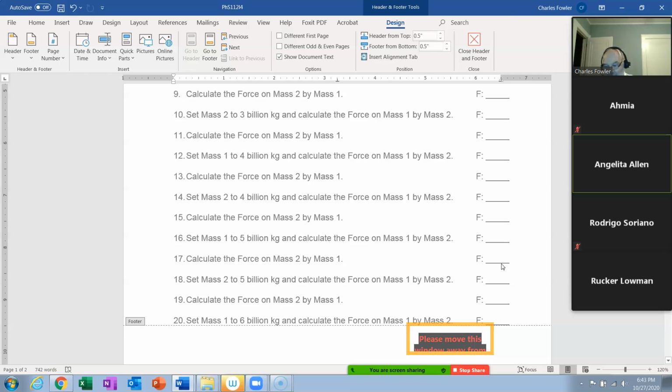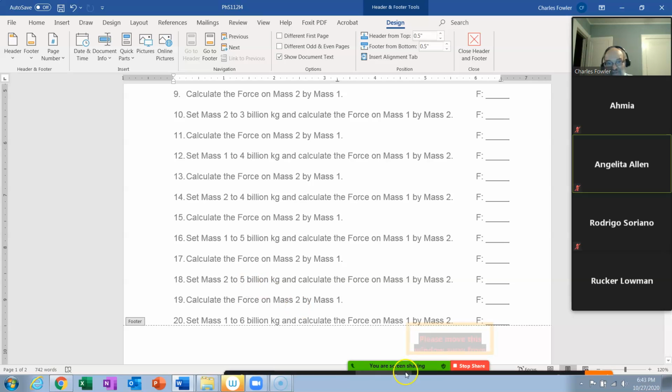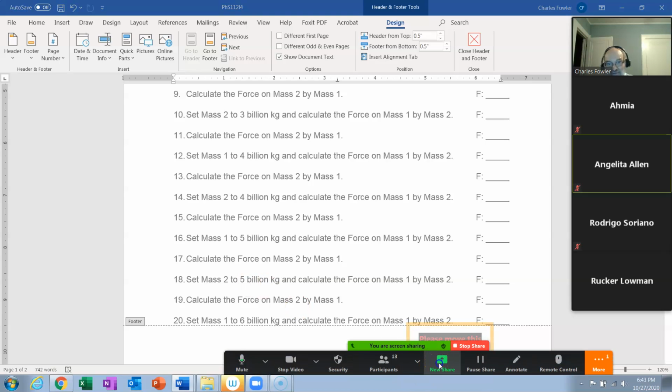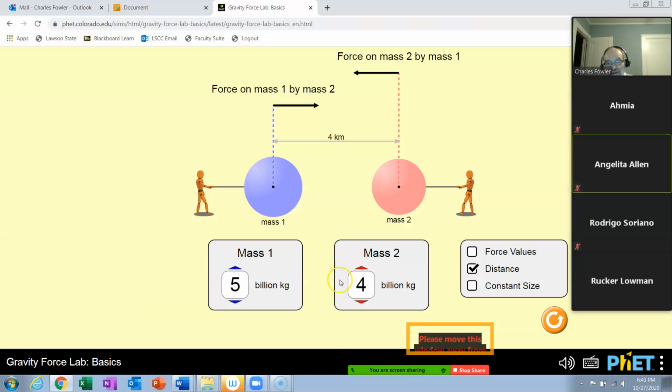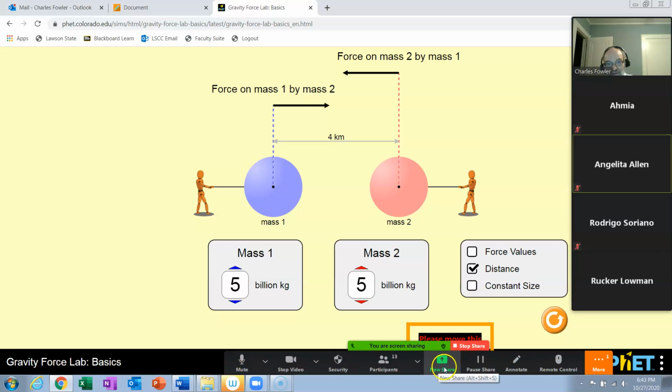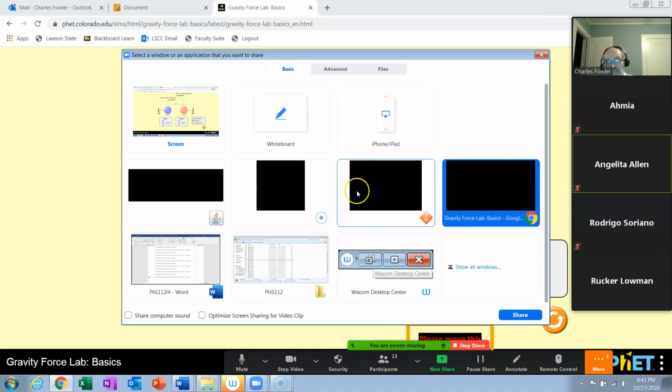Exactly the same, whatever that was, 83 approximately. So now we're going back to mass 2 and increase it to 5 billion kilograms. So let's go back to our thing here, bump it up to 5 billion kilograms, go back to our whiteboard.